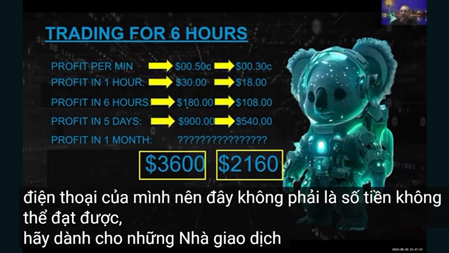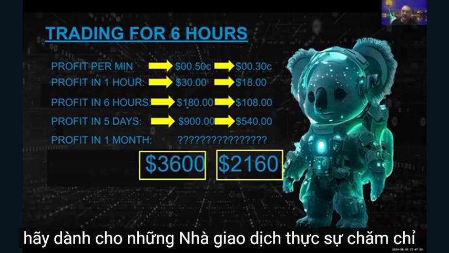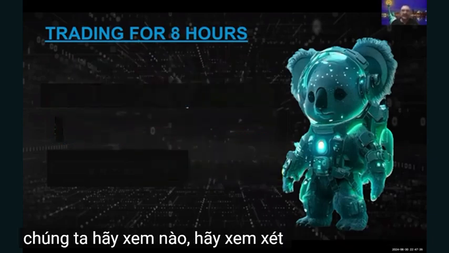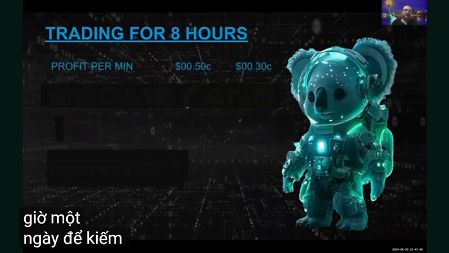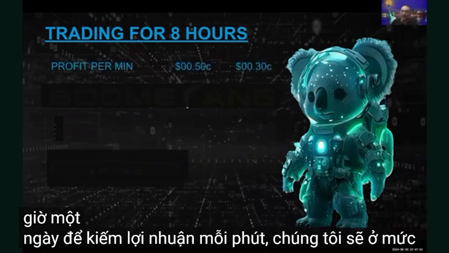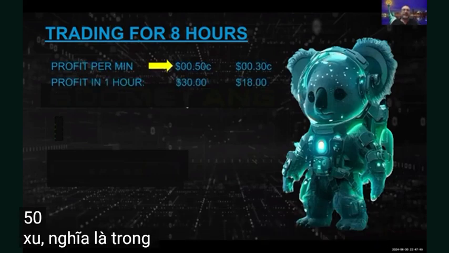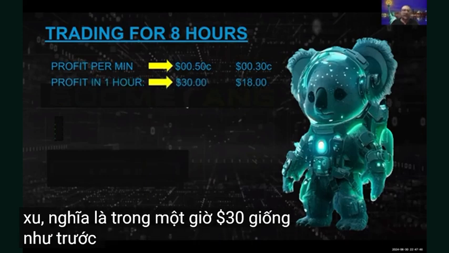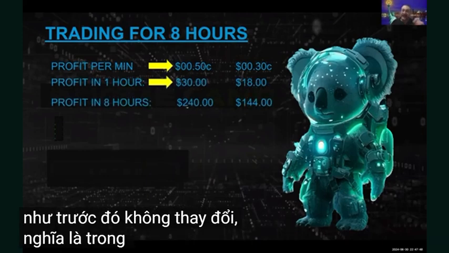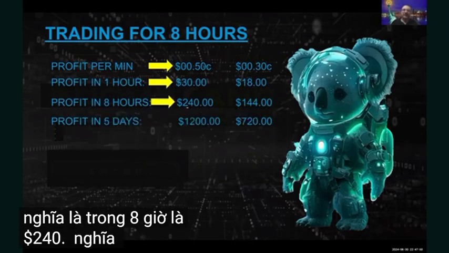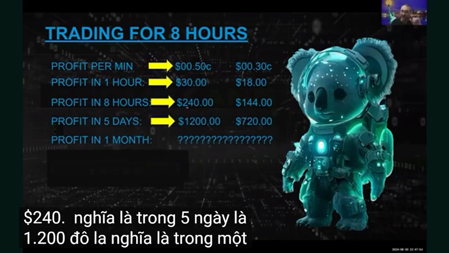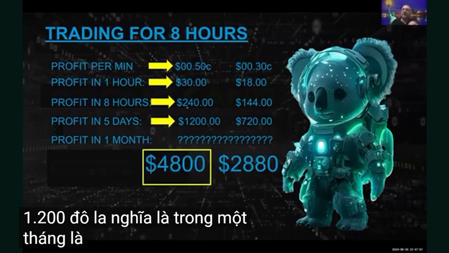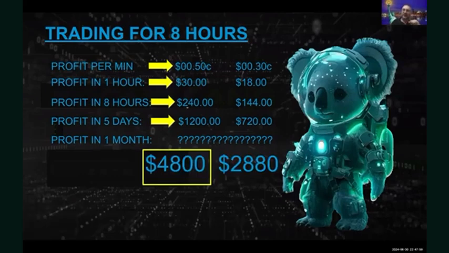Let's go for the real die-hard traders, shall we? Let's look at the numbers for someone who's trading for 8 hours a day. So profit per minute, we'll stay with 50 cents, which means in 1 hour, $30, just as before. That hasn't changed, which means in 8 hours, that's $240, which means in 5 days, that's $1,200, which means in 1 month, that's $4,800.